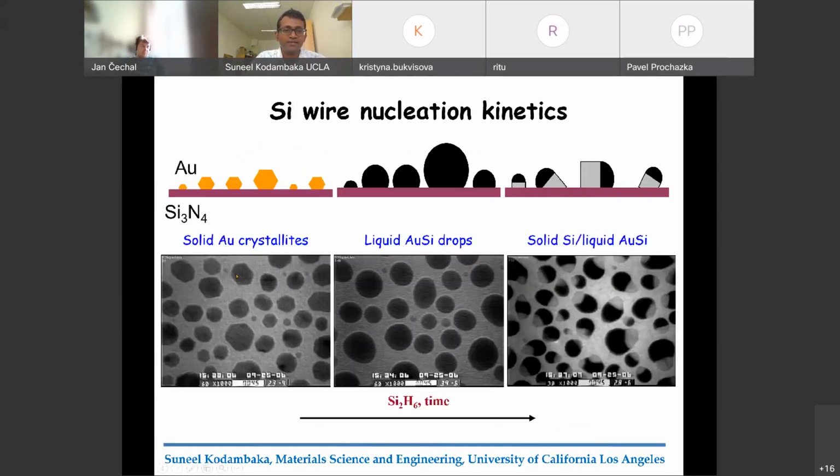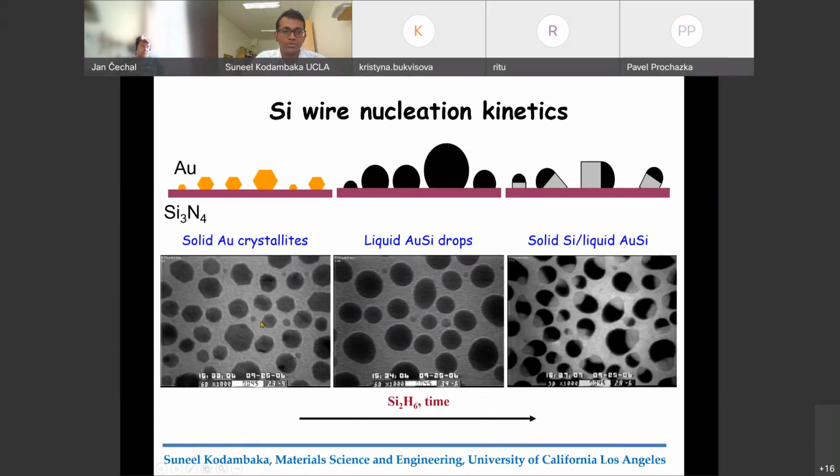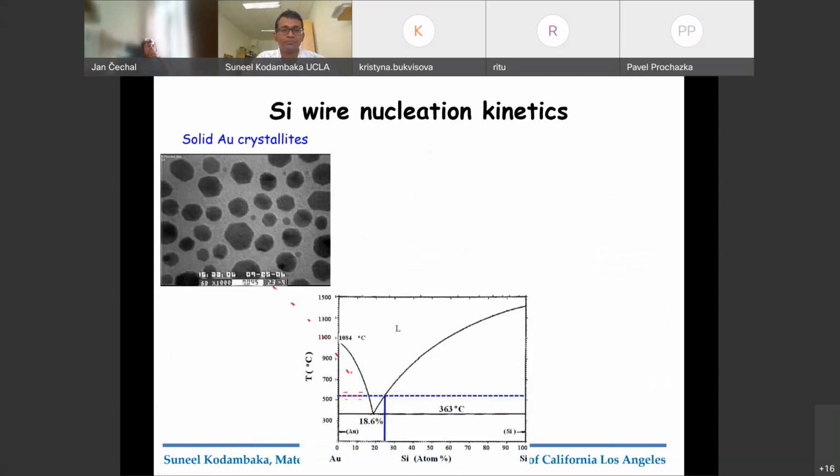Schematically, we start with pure gold. Once we start introducing disilane, the silicon from the disilane gets absorbed by the gold and forms the alloy. As the alloy gets supersaturated, you start seeing the nucleation and growth of silicon crystals. All these are done in plan view, and that's why these images look as shown.